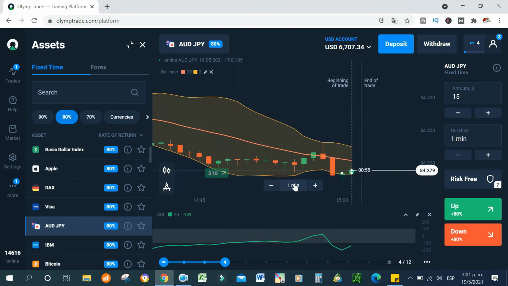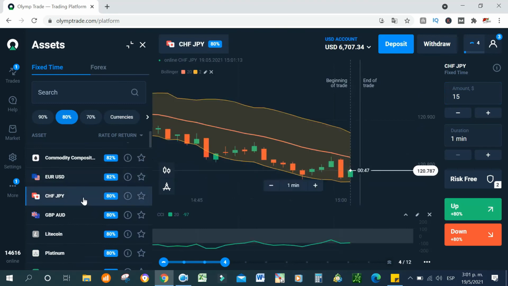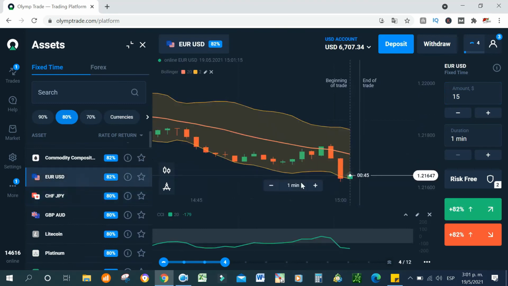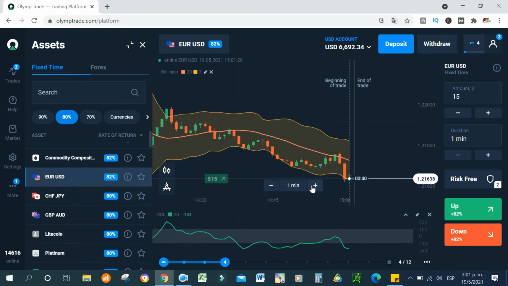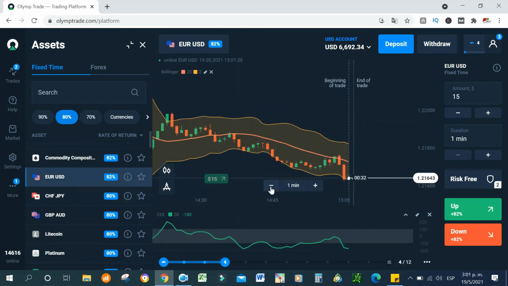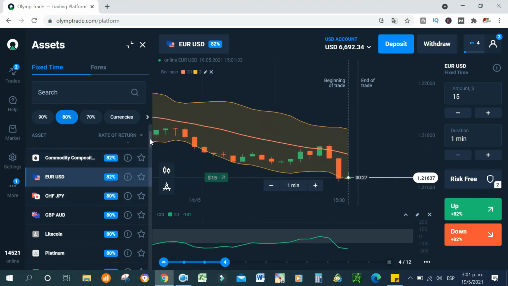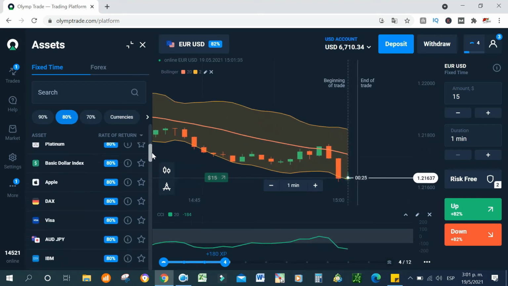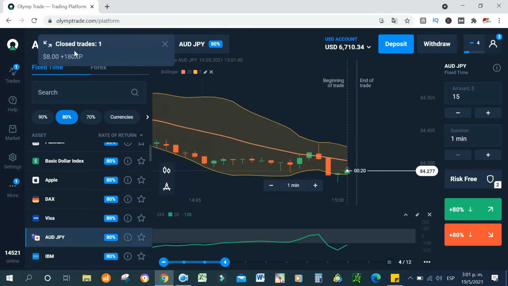It's behaving very good. Oh yeah, I made another entry. It was a little bit late, like 10 seconds late, but it's okay. I think we can still win this trade. All right, we won this one.